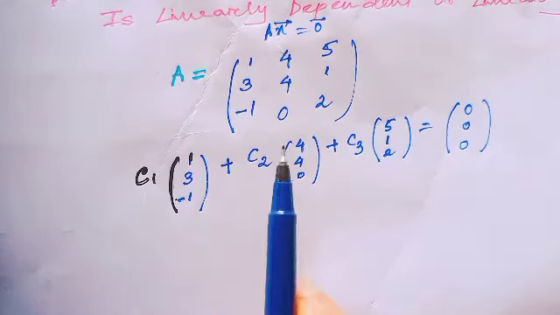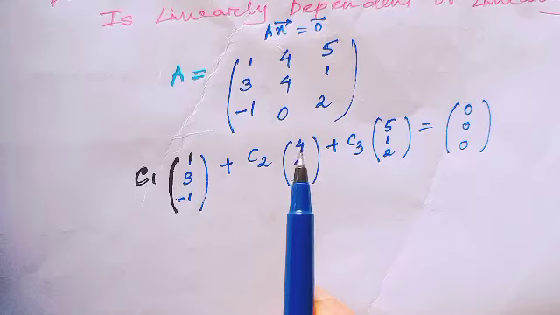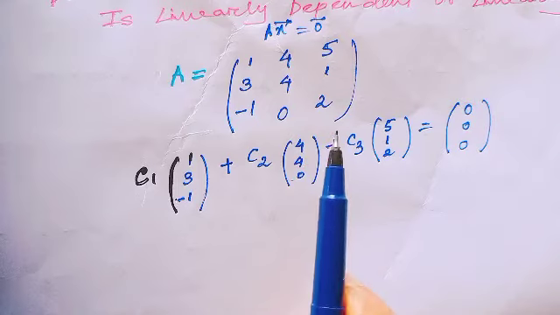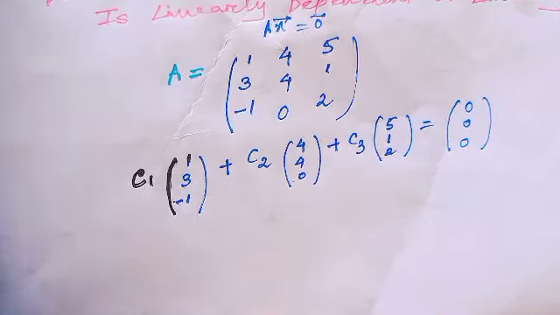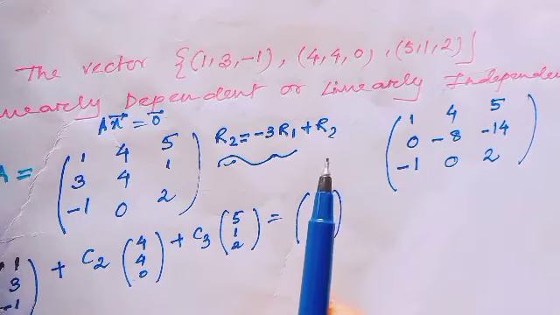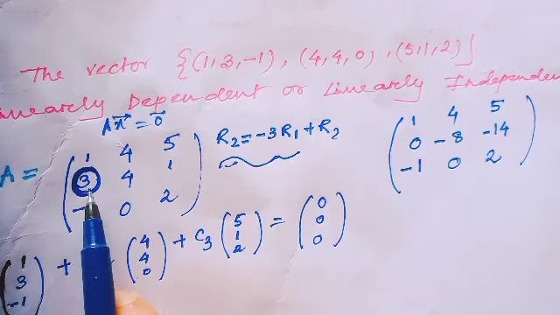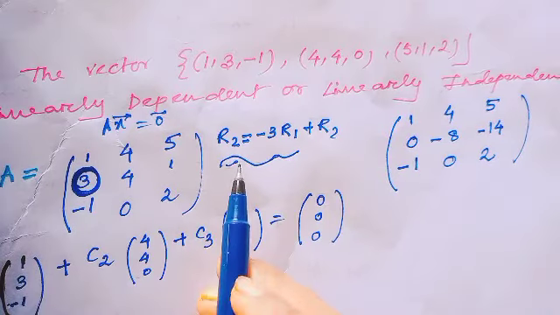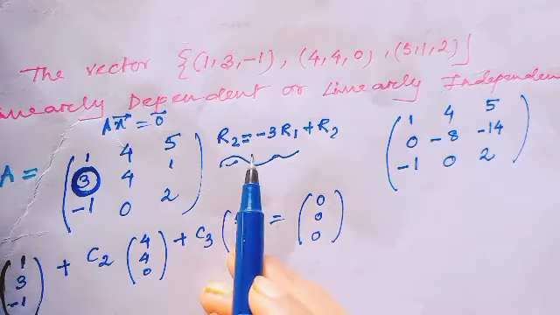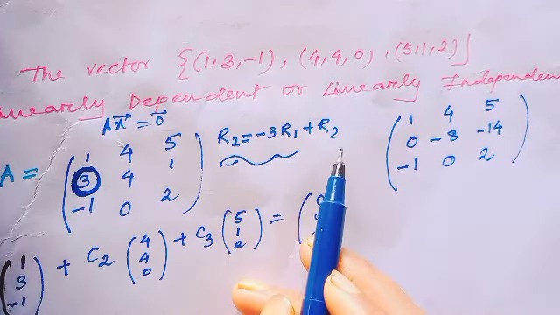Now I will find the rank of this matrix to determine whether the vectors are linearly dependent or independent. To find the rank, first apply row reduction. First I will try to make the 3 here 0. Apply the operation R2 equal to -3R1 plus R2.